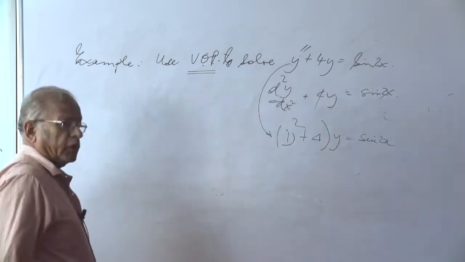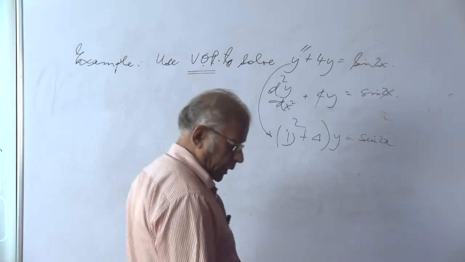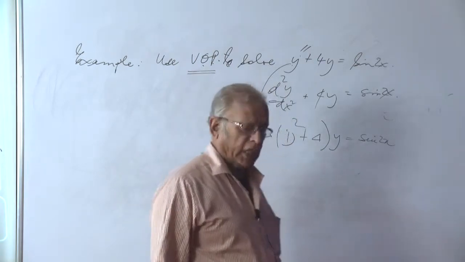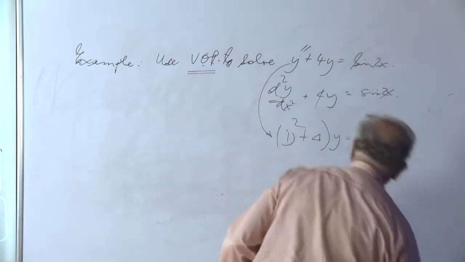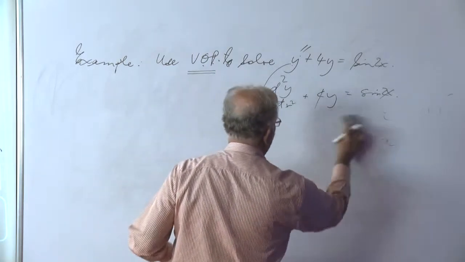As we have done before, the first step is to find the complementary function. We will do it a little fast this time, not going into all the details, because the processes are now familiar to us.